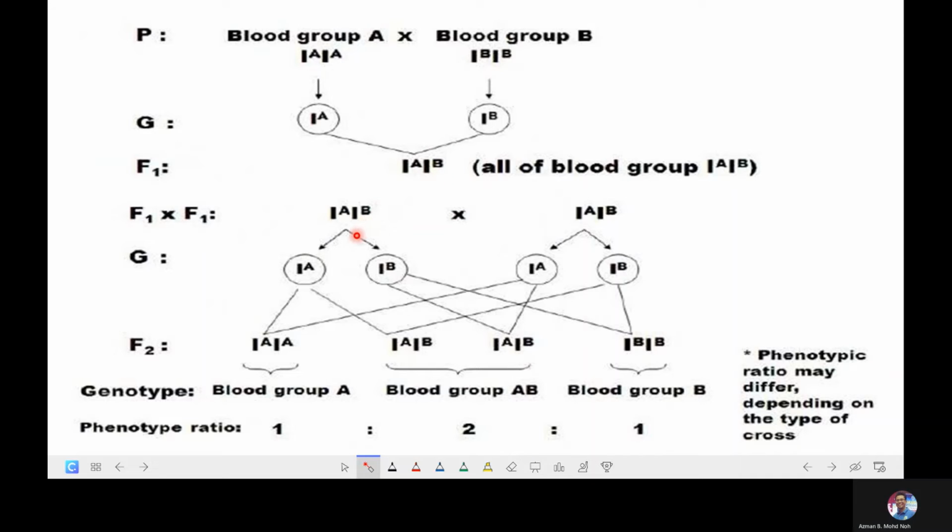If we continue with a self-cross between individuals with the genotype IAIB, then the phenotypic ratio will be different from what Mendel suggested, which is 3:1. Instead, we can also see a phenotypic ratio of 1:1. And actually, this phenotypic ratio may differ depending on the type of cross that we do.